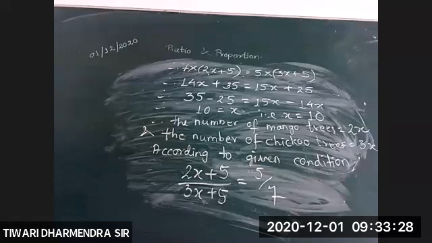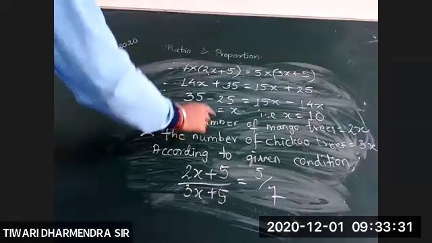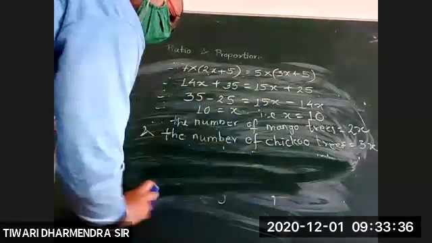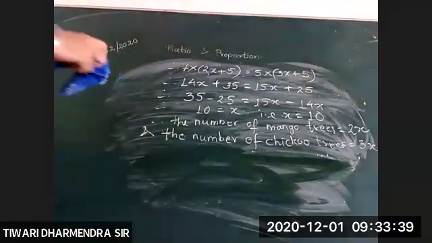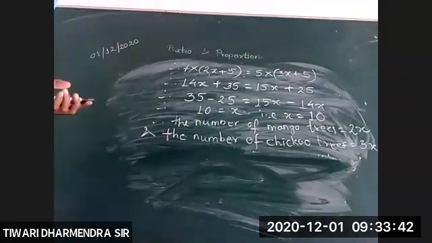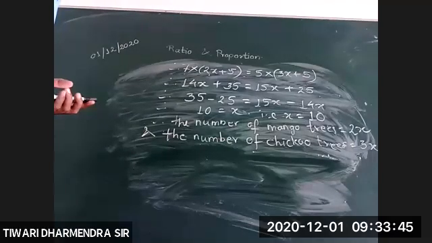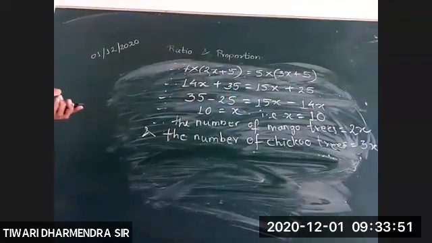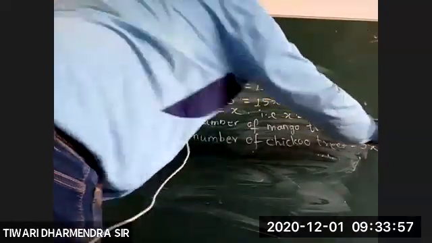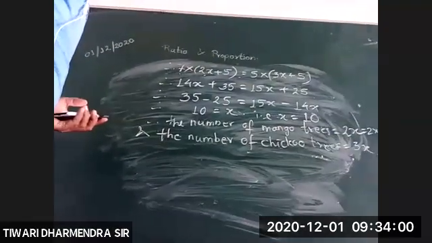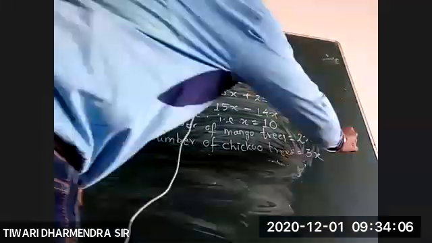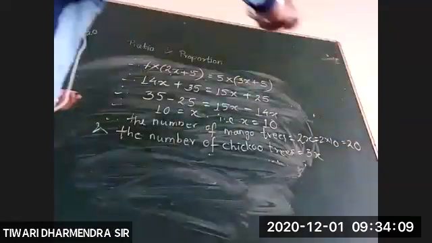And after that, for the number of mango trees, you can use this statement. Therefore, as we got the value of x as 10, 2x means 2 into 10, which is nothing but 20.